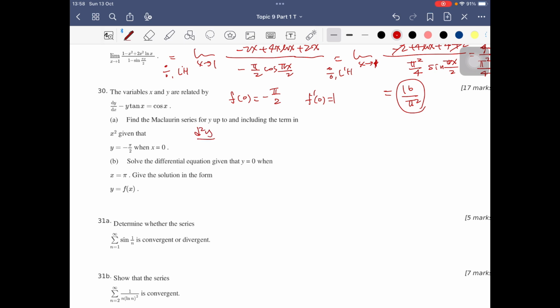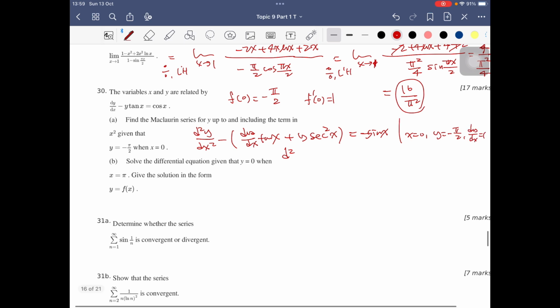So the second derivative, d squared y over dx squared, minus dy over dx tan x plus y sec squared x becomes negative sine x. So now I will put numbers here without rearranging it. Here x equals 0, y equals negative pi over 2, dy over dx equals 1.